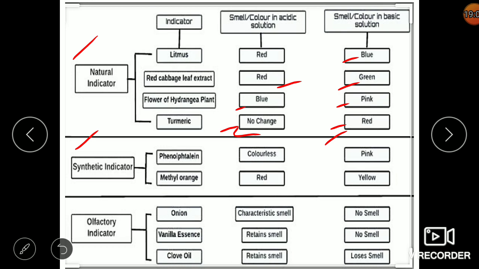They retain the smell in acidic medium but lose the smell in basic medium. So these are your indicators. The first two, natural and synthetic, we have discussed as color indicators. One is from natural origin, another is from chemical origin. And olfactory indicators do not deal with the color but with the smell. They change the smell in acidic or in basic medium.